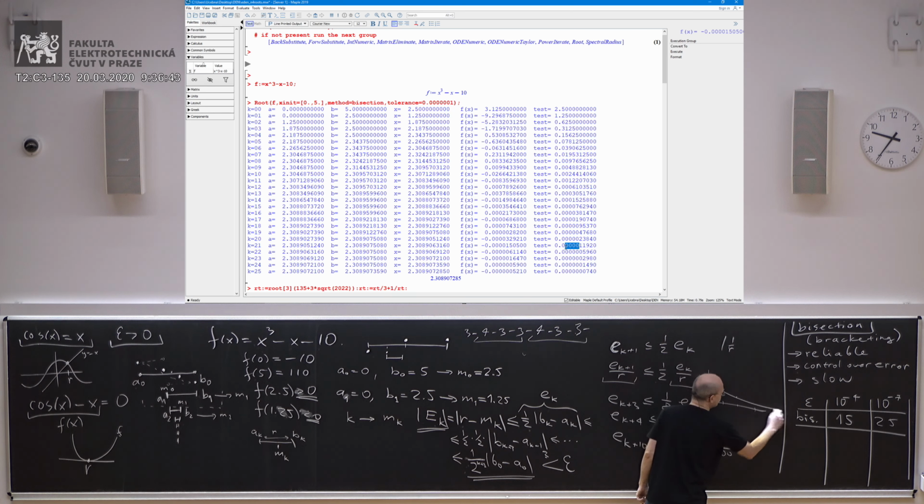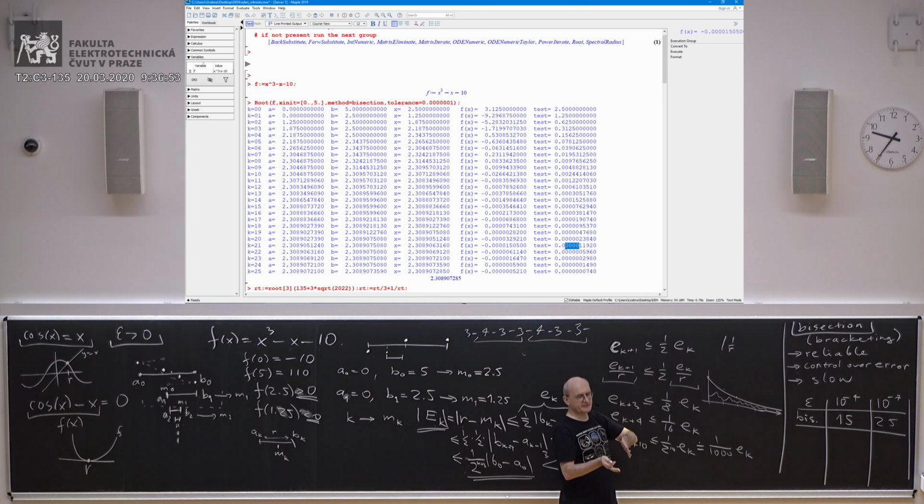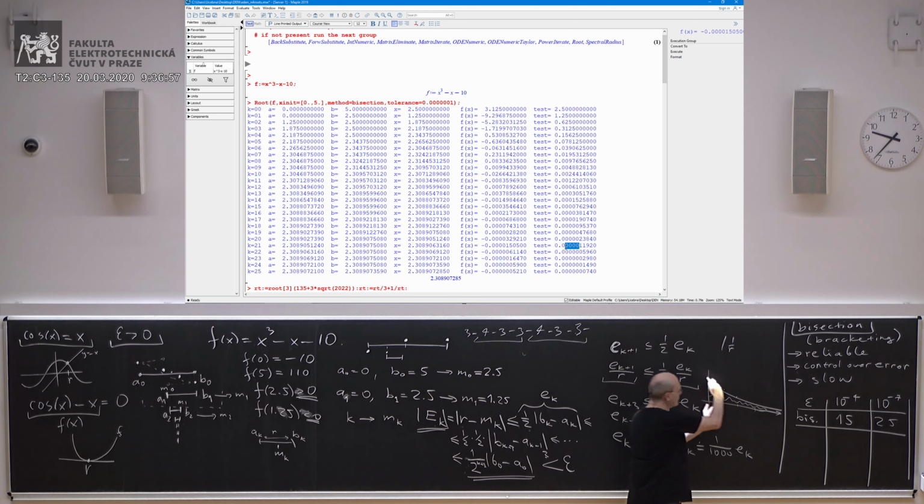So that's a geometric progression, a famous one. But that's the upper bound for the error. So the actual error can actually do something crazy here. It can go up, for instance. When you make the next step in bisection, the actual error can get larger. That can easily happen. But we are forcing it down in a predictable manner. So it must stay within the envelope, and the envelope is relatively nice.